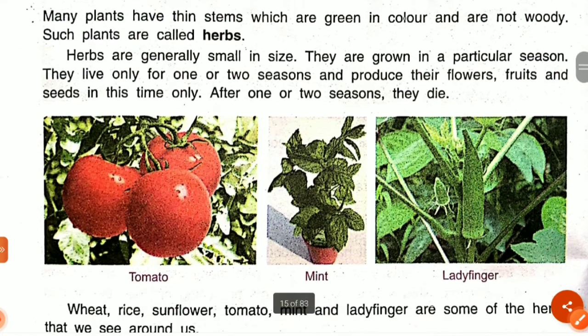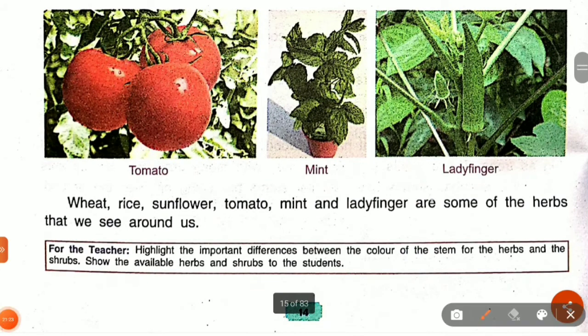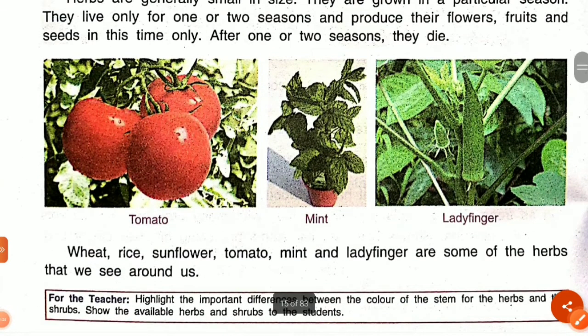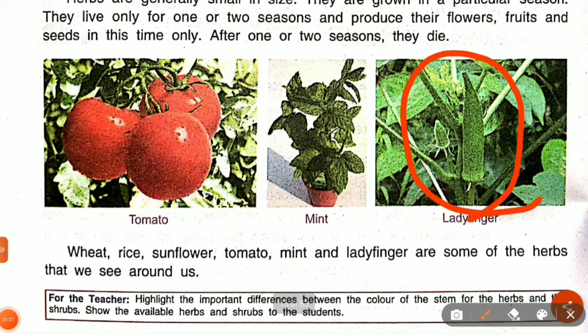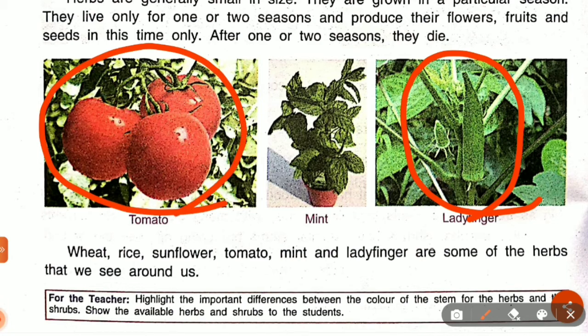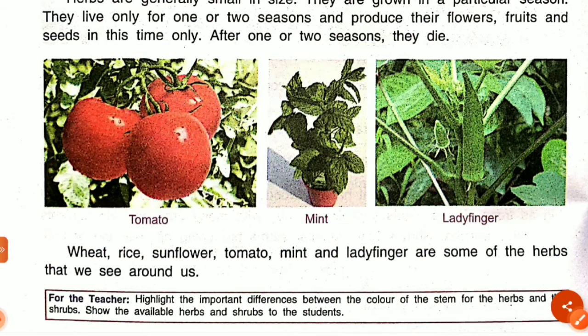See here, right? Now in this, what are the images given? See, this is lady finger. Have you seen lady finger? You all eat lady finger, right? Lady finger is a vegetable. Here you see tomato. Tomato is a vegetable. This is mint leaves. You use mint leaves in food items. In rice and all, you eat mint. So these are all small herb plants.